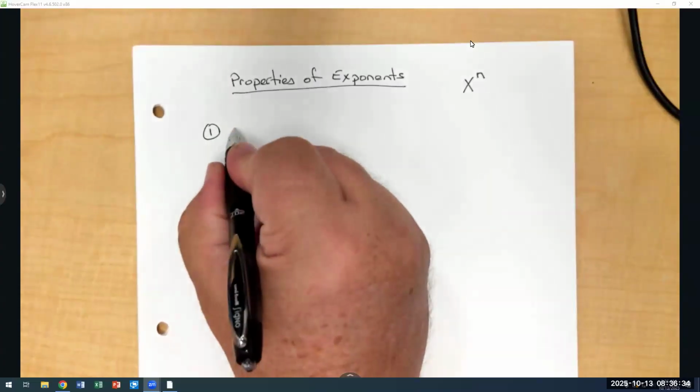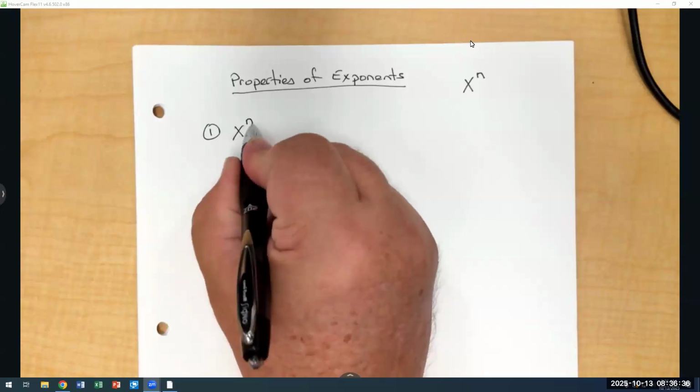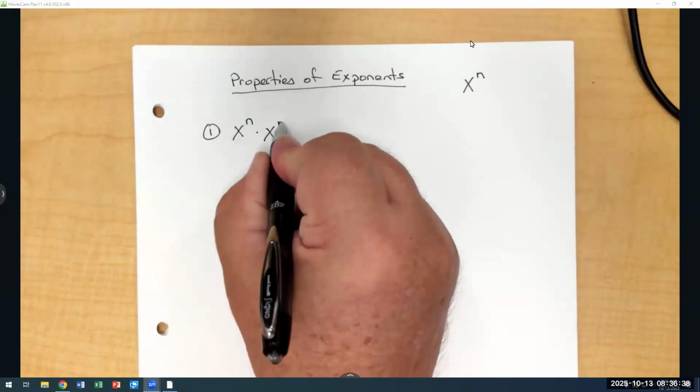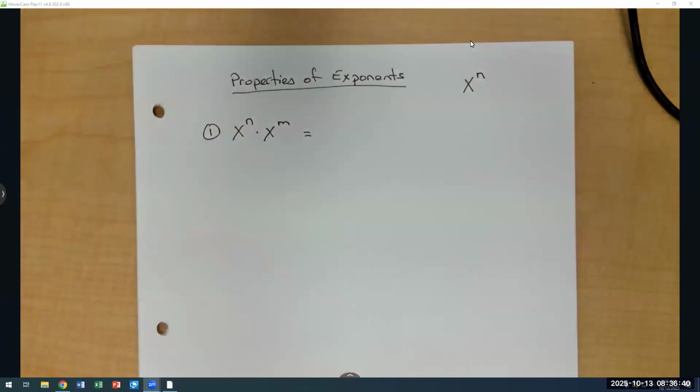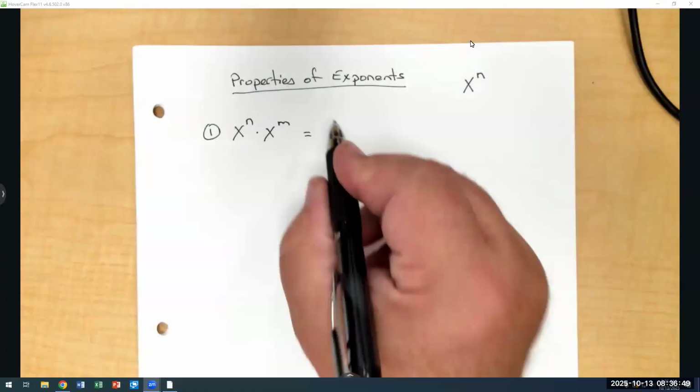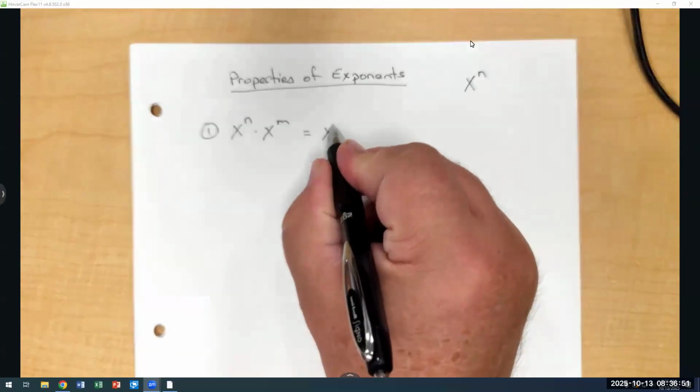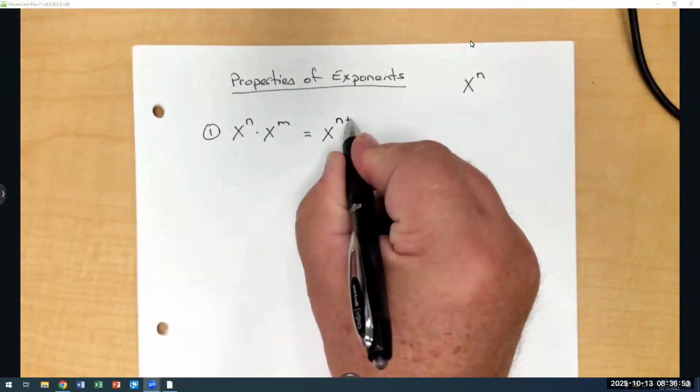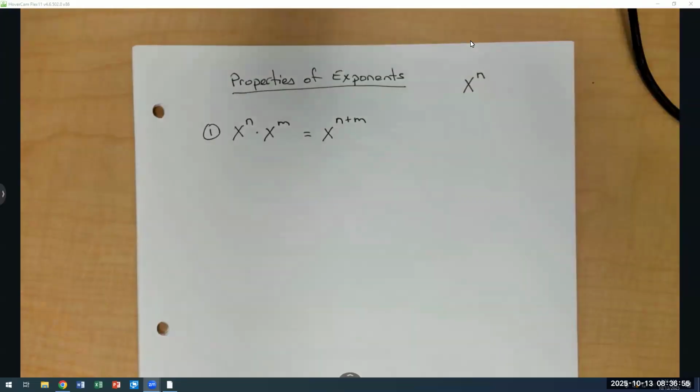First rule. If the bases are the same and you're multiplying two numbers together, then add the exponents.